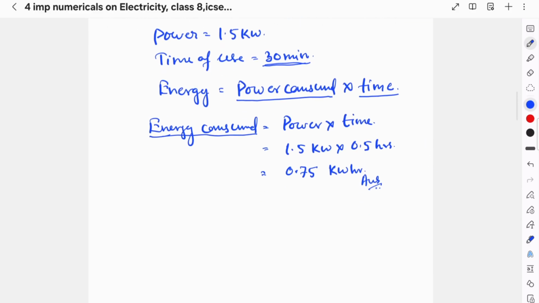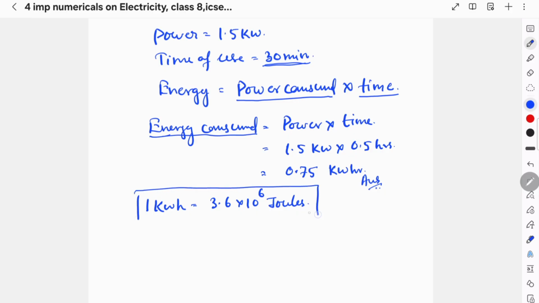We know 1 kilowatt hour is equal to 3.6 into 10 to the power 6 joules. And here 0.75 kilowatt hour is being consumed.